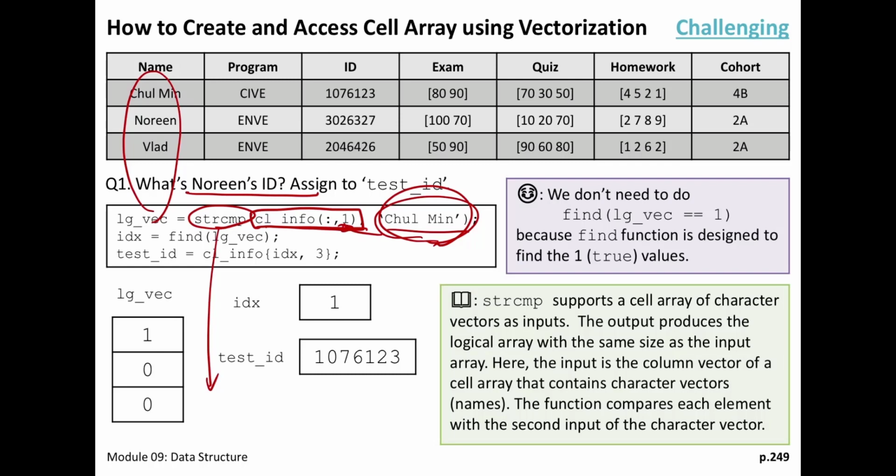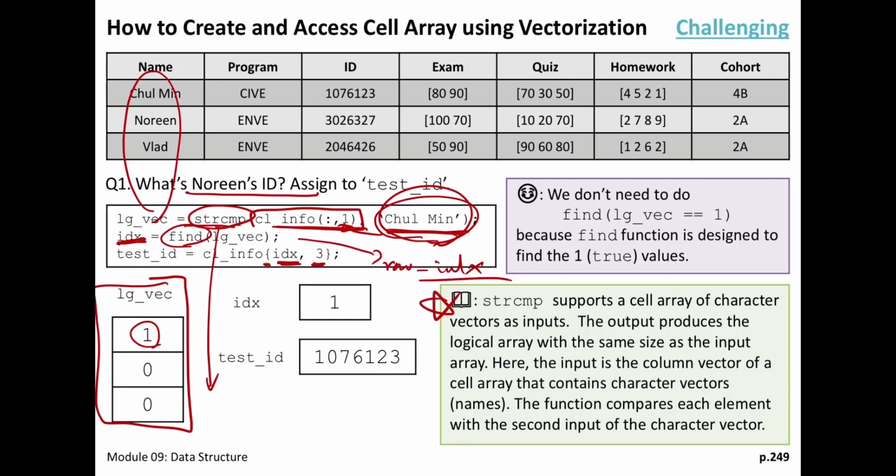That's why in this case, this gives you the logical vector. The one is the location of the second value in the first array. That's why you will get this logical vector. And then if you use the find built-in function, you can find the row index. This is the row index, right? So the ID can be read from this curly brace, the first row and then third column.